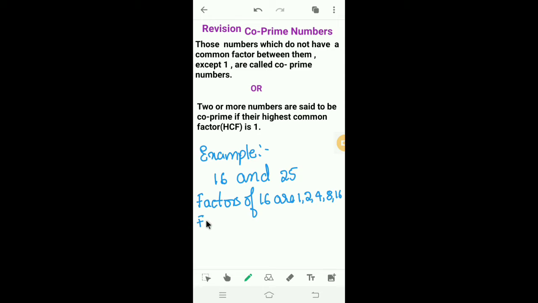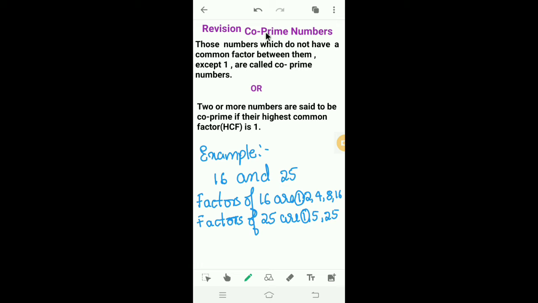Next we have to write factors of 25. Factors of 25 are 1, 5 and 25. Here we can observe number 1 is the only common factor between 16 and 25. So we can say 16 and 25 are co-prime numbers.